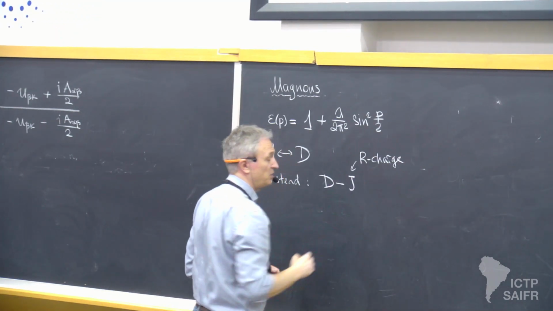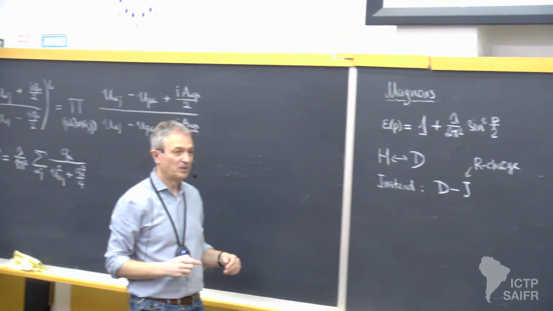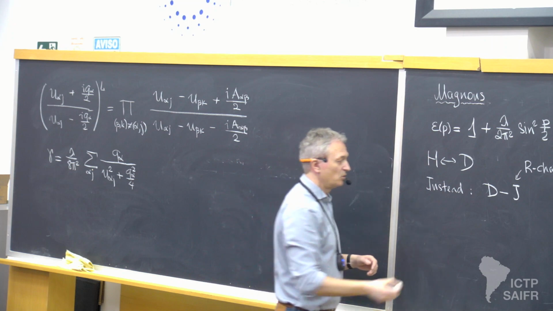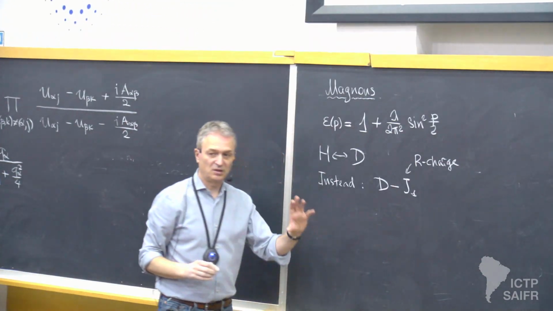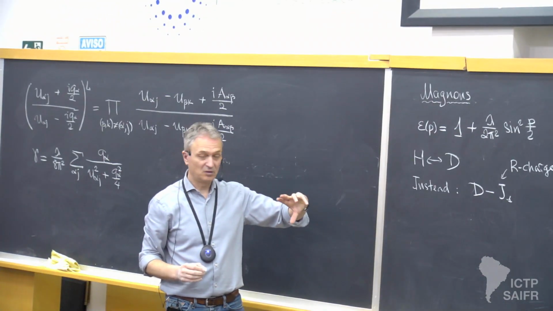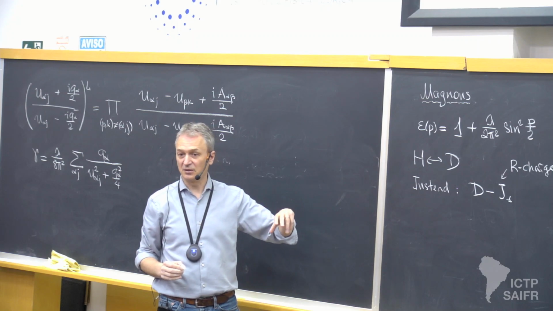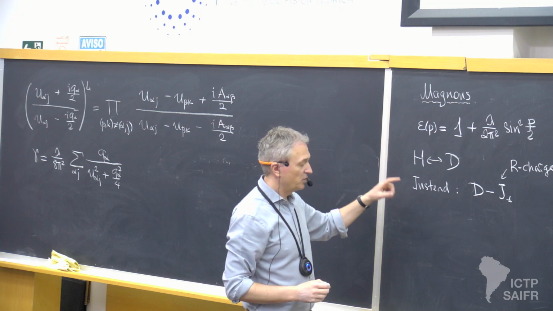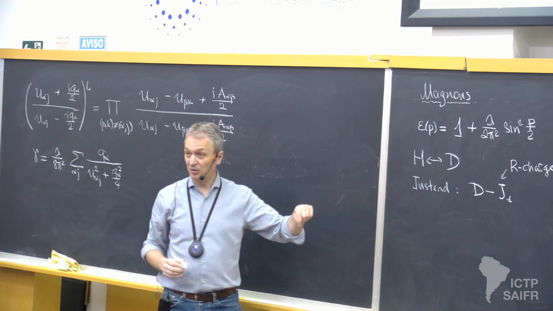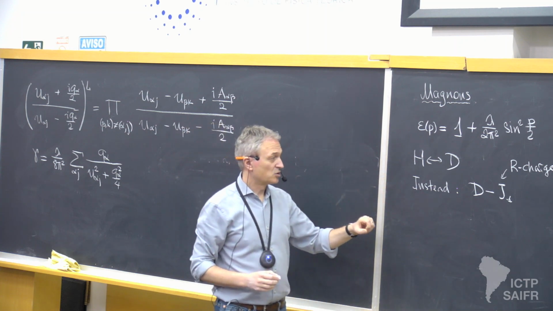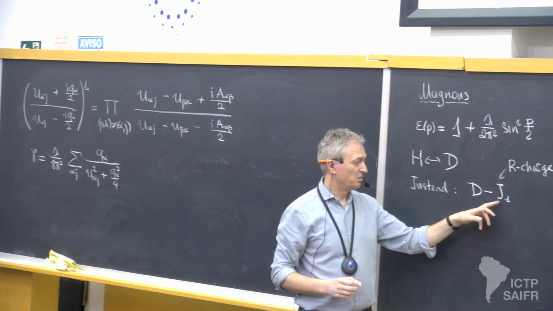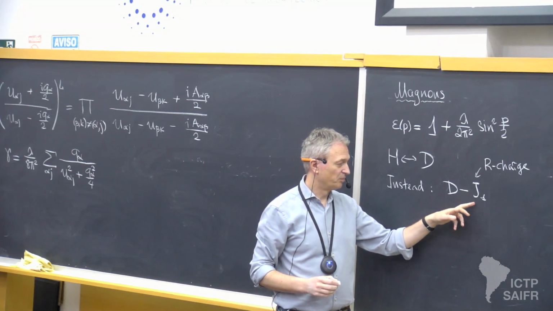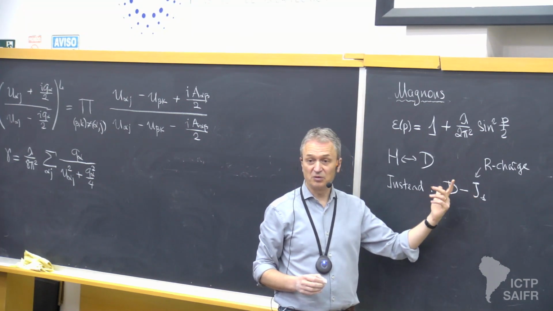So this R charge is what we called J1. This is the generator that rotates the phase of the field Z. Okay, so when we insert a magnon, we replace a Z with a W. So we diminish the R charge by 1 unit.